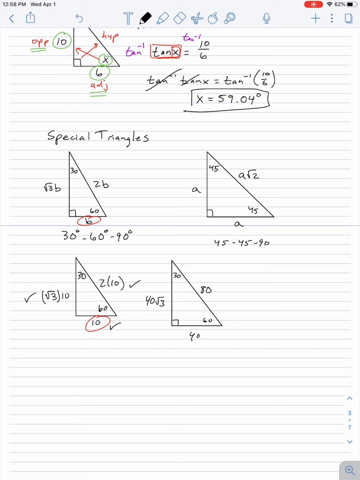Okay? So, for example, if you have a problem and this side is 10, then this side will also be 10, and this side will be 10 root 2.